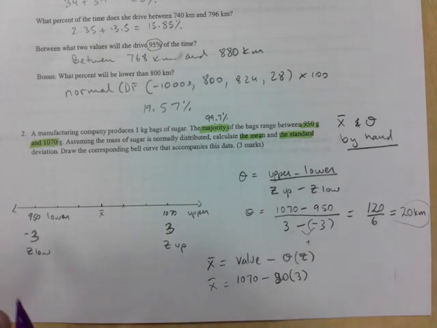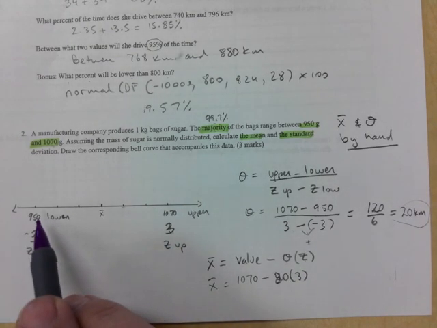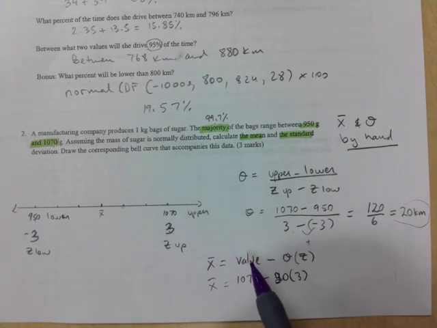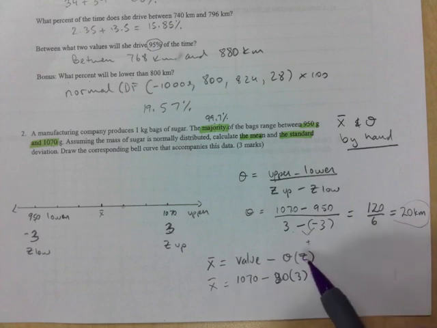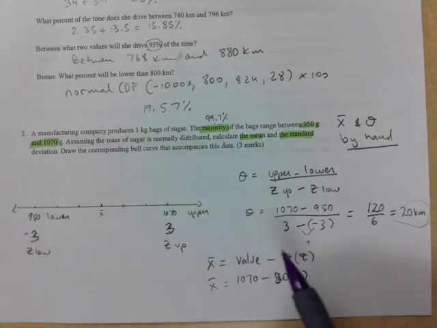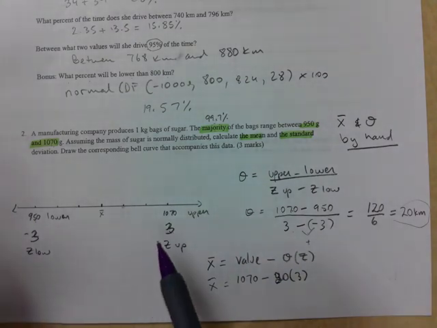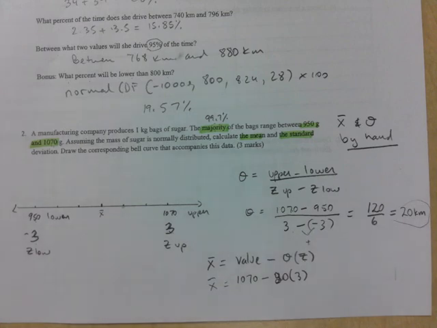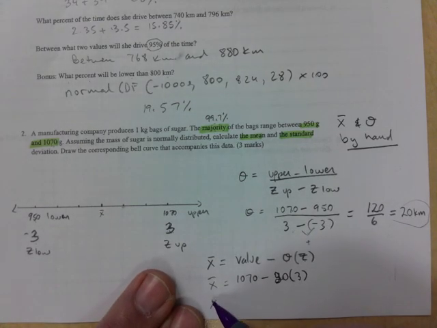If you had picked this value, 950, you put 950 in for value, minus standard deviation, which is 20, but this z here would have actually been negative. And then that negative and this negative turn positive, because regardless of which one you choose, you should end up with the average in the middle.